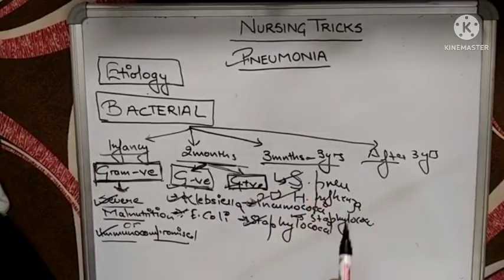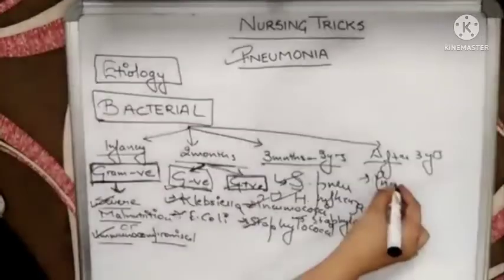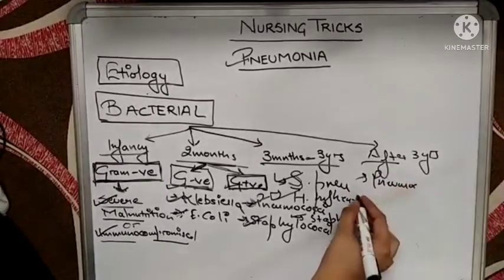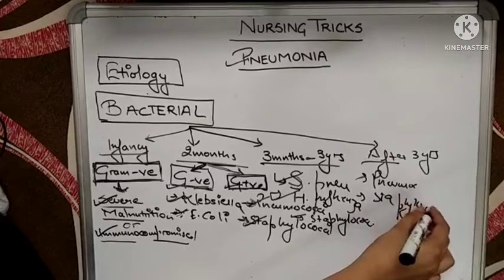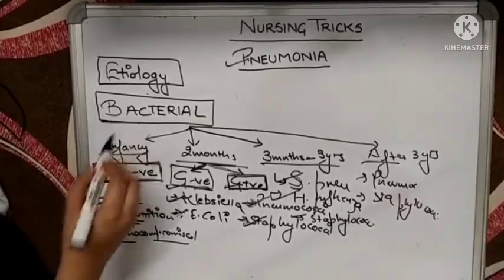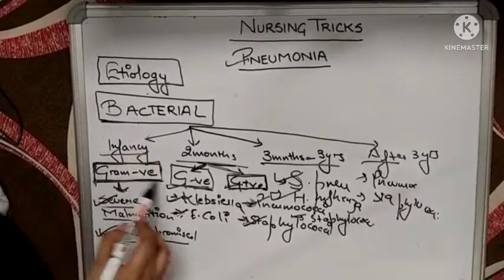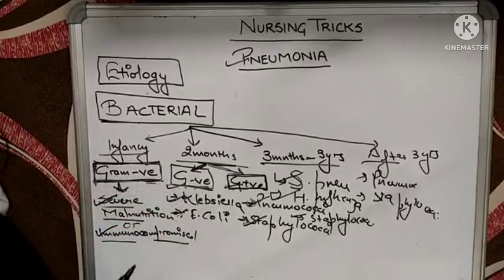And after 3 years of age, here we have pneumococci and we have the staphylococci. Okay, so here we have seen that various organisms are responsible for causing pneumonia in various age groups. This you have to learn, which gram negative organisms and which gram positive organisms are responsible in which age group.